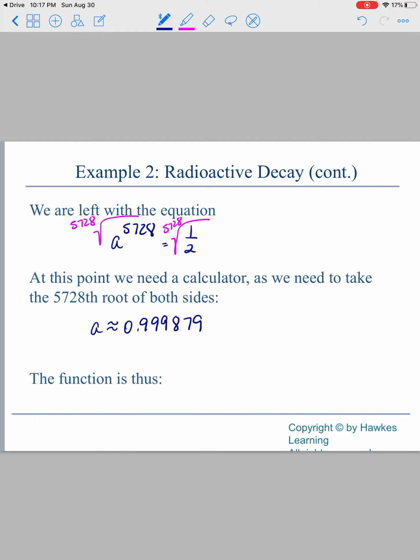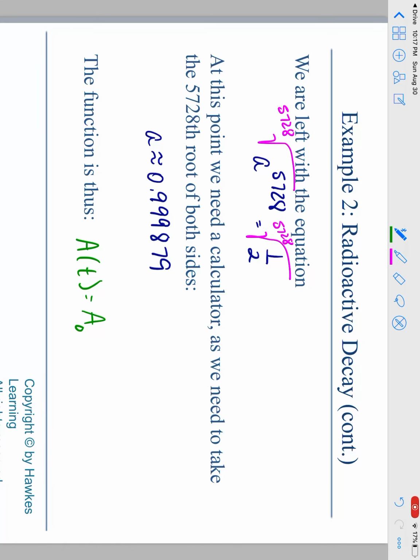So that means for my function here, I have that A of t equals A of 0. I don't know what that initial amount is. I don't know how much carbon-14 I started with. It tells me that every 5,728 years it goes down by 1/2, but I don't know what I started with.